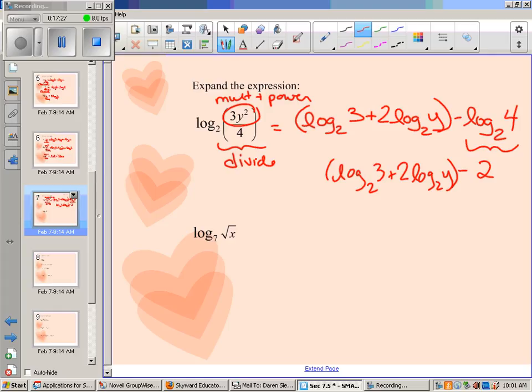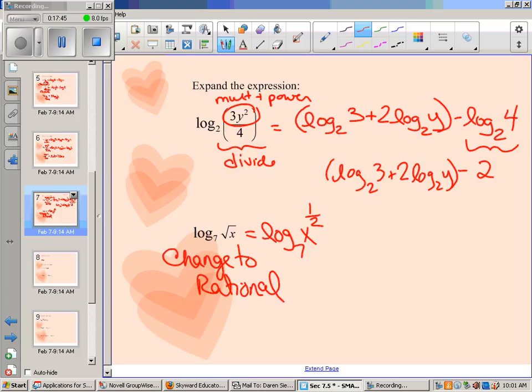All right, log base 7 of x, the square root of x. Perfect. So this is the same thing as log base 7 of x to the 1/2. So when it's in radical, change it to rational, because then we can use our rules. So how is that going to expand?